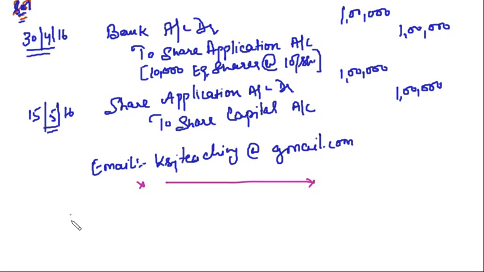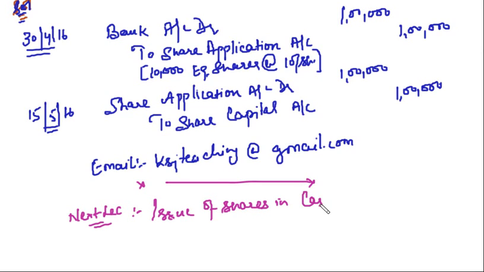In the next lecture, what we are going to do is the second part, that is issue of shares in cash in installments. Here what we did, we said all the money is received with applications only.